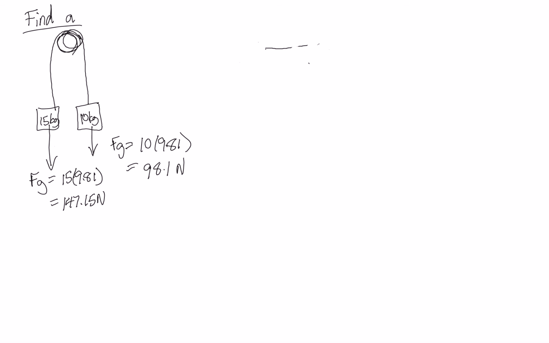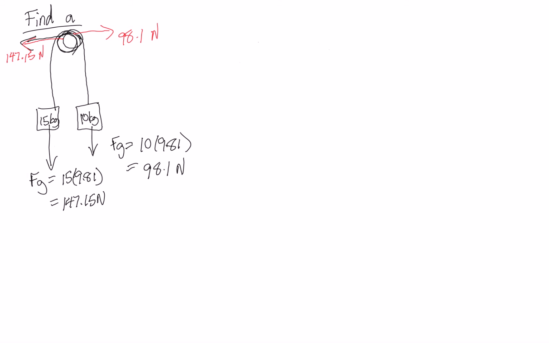The pulley is just changing directions, it's sort of like a tug-of-war in this case, where, let me just draw it up on this first diagram, this box is going to get pulled to the left with a force of 147.15, and this box is then going to get pulled to the right with a force of 98.1. Okay? So kind of think of the pulley as just changing direction.